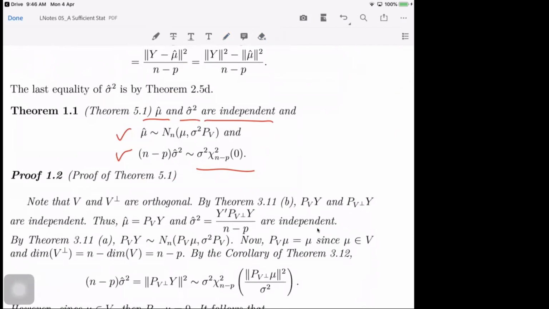So how do we prove independence? Note that V and B perp are orthogonal, correct?